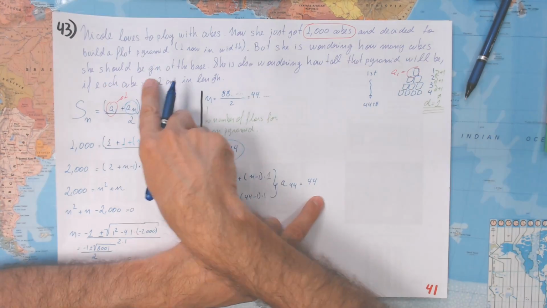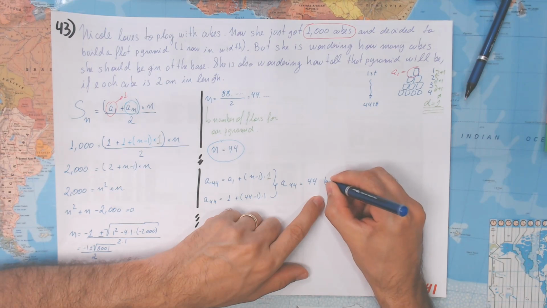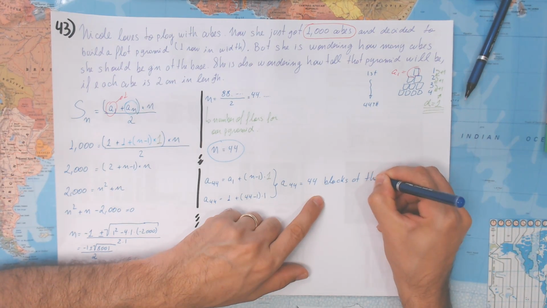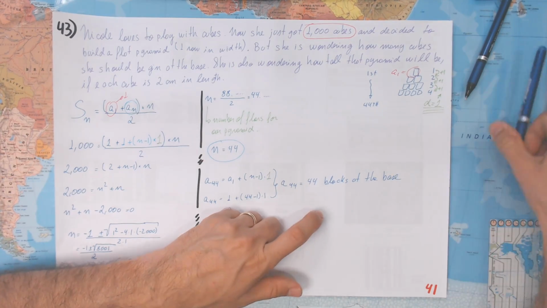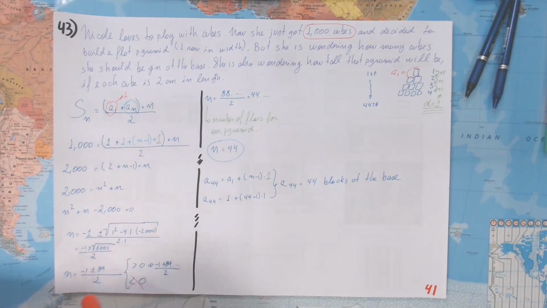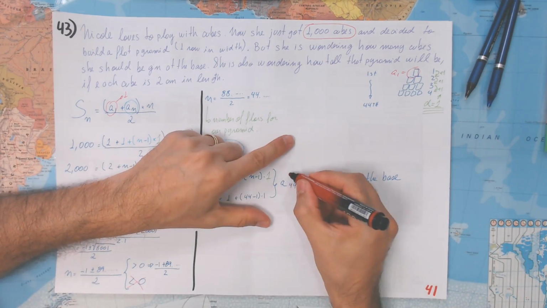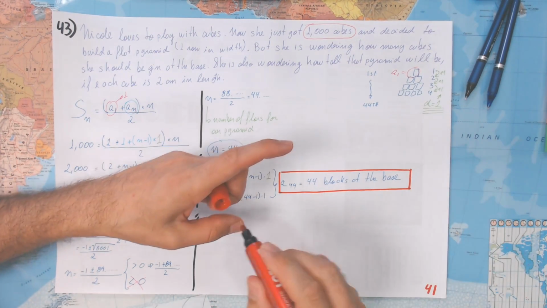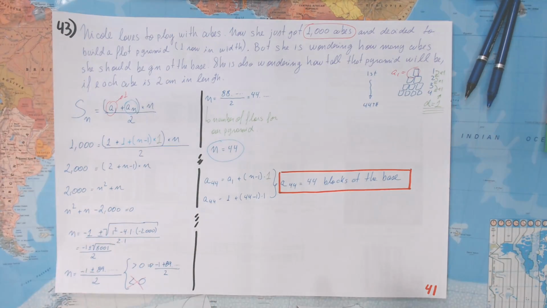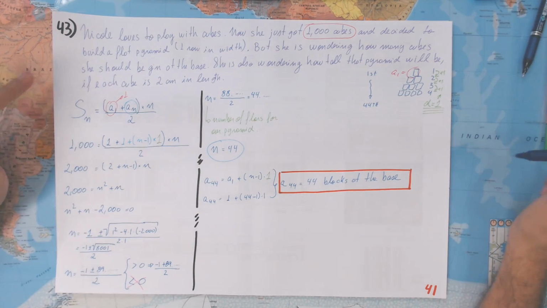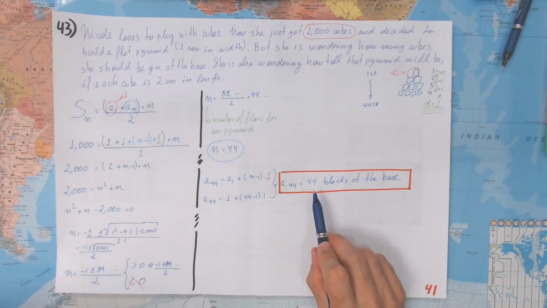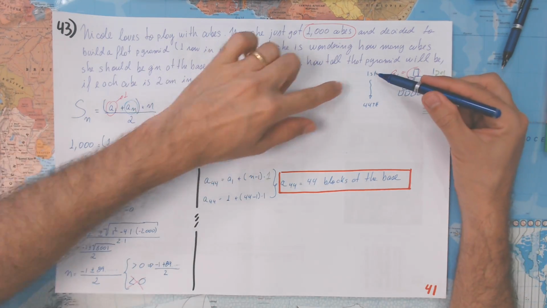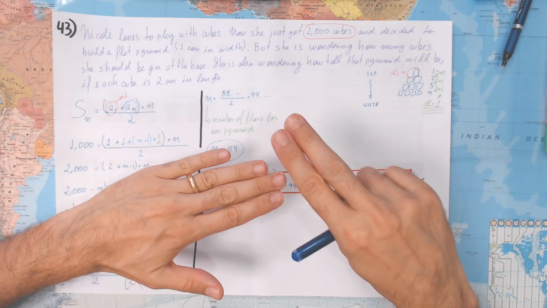How many cubes should she begin with? 44 blocks at the base. And I always advise you to write the complete answer, okay? So that's going to be the base. Now, if you're just rushing at the exam and think, okay, 44, height, we're going to have 44 floors, so the height is going to be 44.